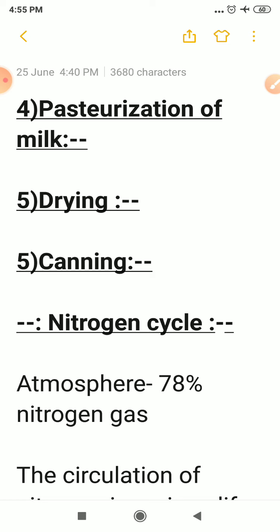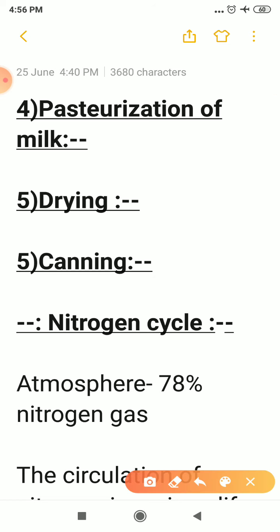We store our food grains by drying them, by reducing the moisture content in them, because this moisture promotes the growth of microorganisms. If we remove the moisture from our food grains, the growth of microorganisms is stopped. Therefore, by drying, we can keep our food grains for a longer duration. We can preserve our food.